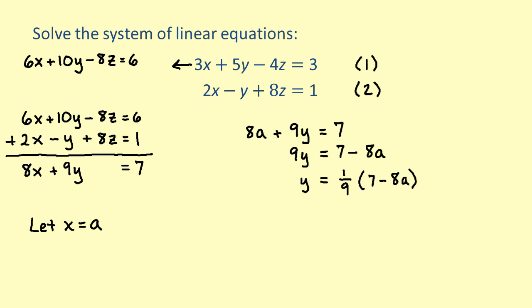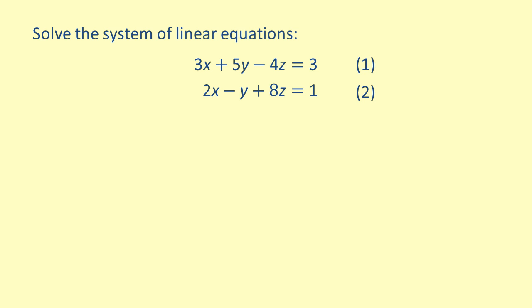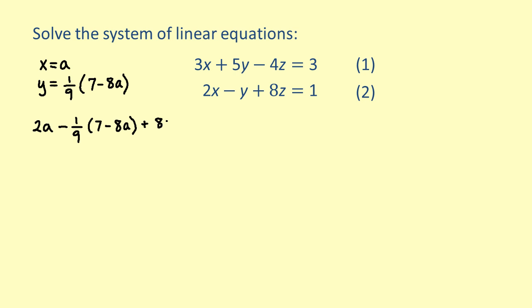Now that we found x and y, we can find z. So far, we have x = a and y = 1/9 times the quantity 7 - 8a. Substitute these expressions into equation 2 to find z. This gives us 2a - 1/9 times the quantity 7 - 8a + 8z = 1.